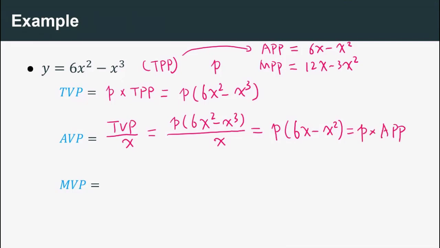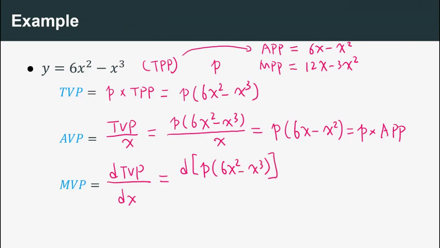And MVP is the derivative of your TVP with respect to X. This is the derivative of the whole thing with respect to X. And again, because P is a constant, we can pull it out.